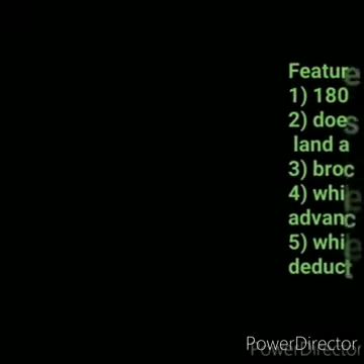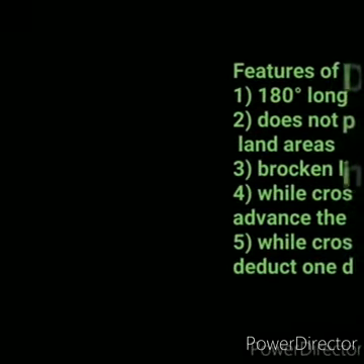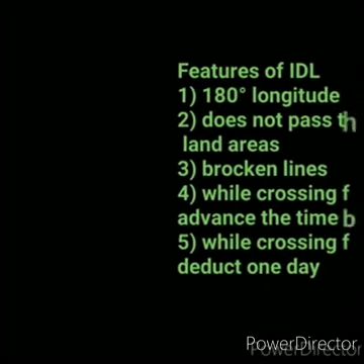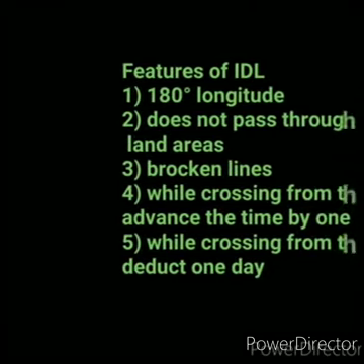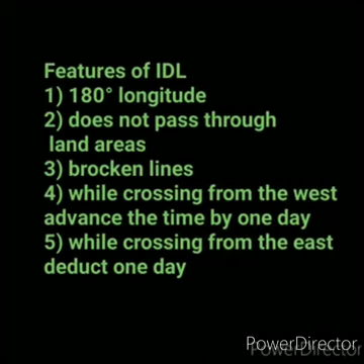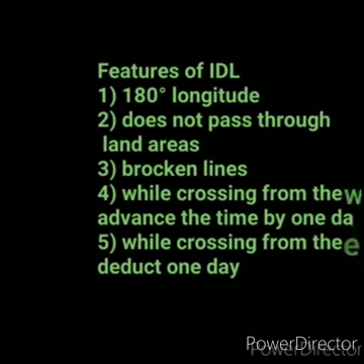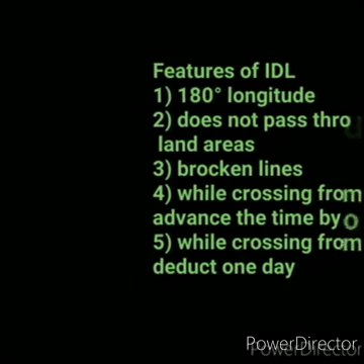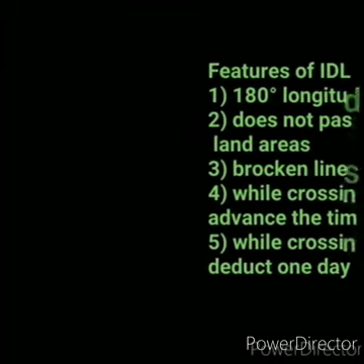To avoid this, certain necessary adjustments have been made in this line, with the result that it does not pass through the corresponding land areas. Thus, it was curved and passes through the ocean. This imaginary line is known as the International Date Line.